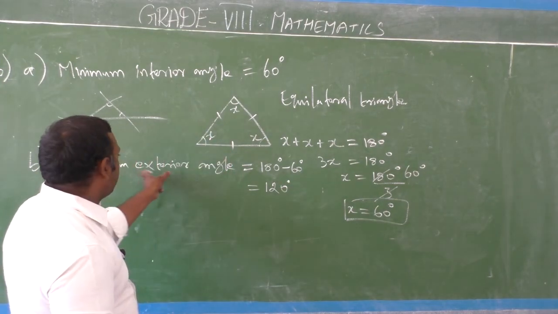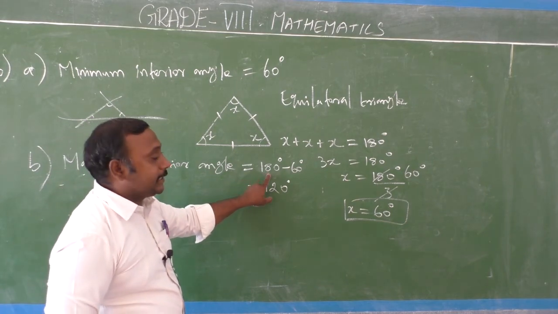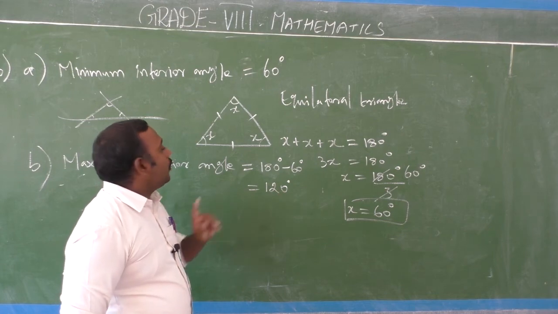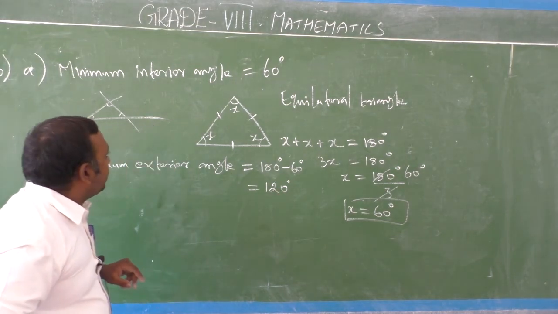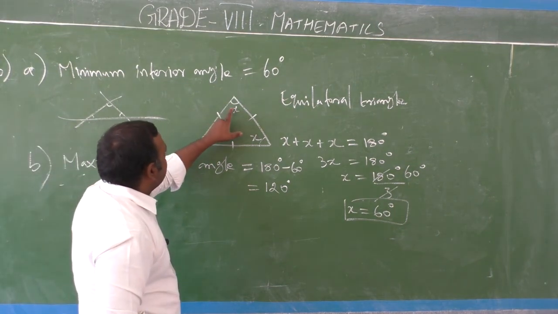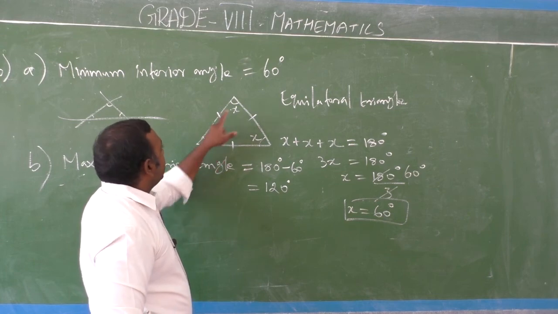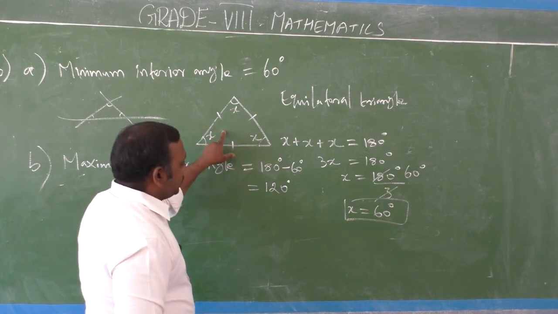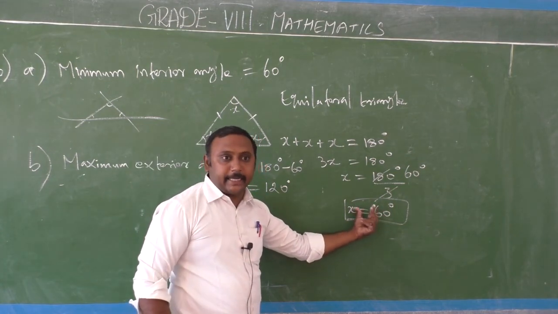So the maximum exterior angle is the total angle, 180 degrees, minus 60 degrees, which is 120 degrees. Okay, can you understand, students? We have 60 degrees, 60 degrees, 60 degrees. In this, all interior angles are equal to 60, 60, 60. So x is equal to 60 degrees. This is the minimum interior angle.